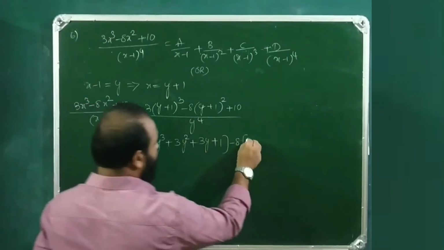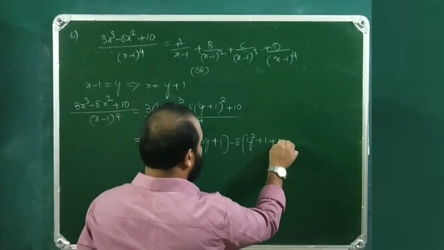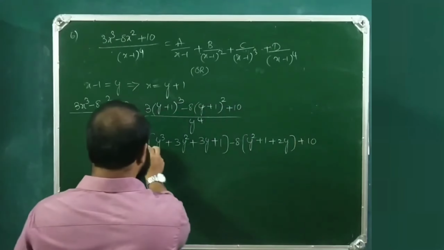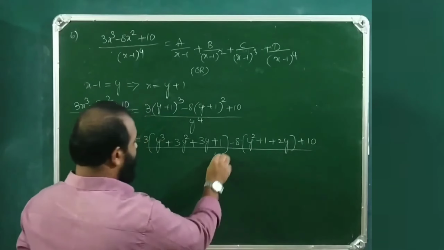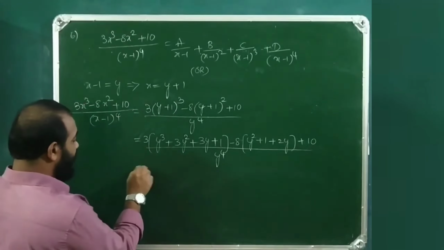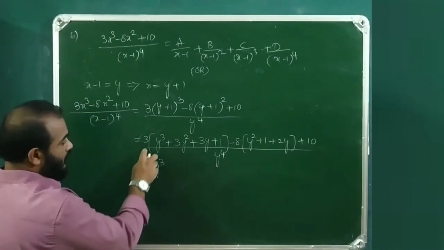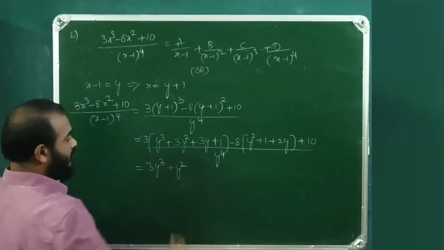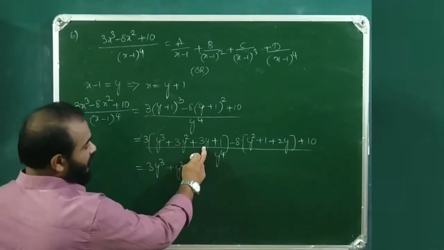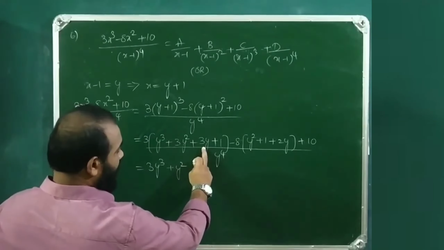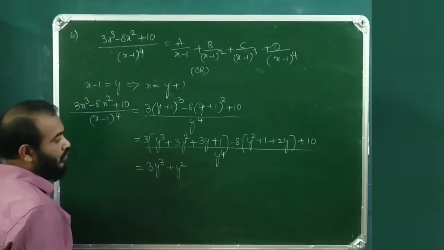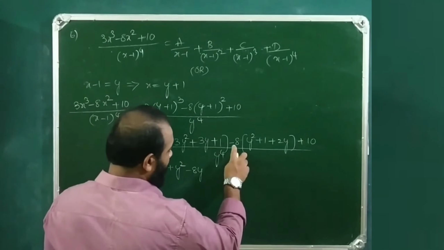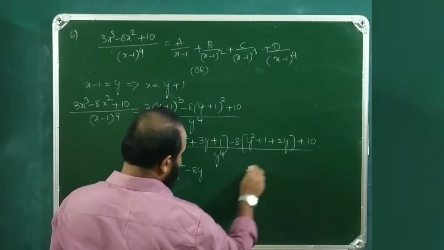minus 8 into y square plus 1 plus 2y, plus 10 by y power 4. Now this is 3y cube. 3 3s are 9y square minus 8y square, it is y square. 3 3s are 9y, 8 2s are 16y, so minus 7y. 3 1s are 3 minus 8 plus 10.